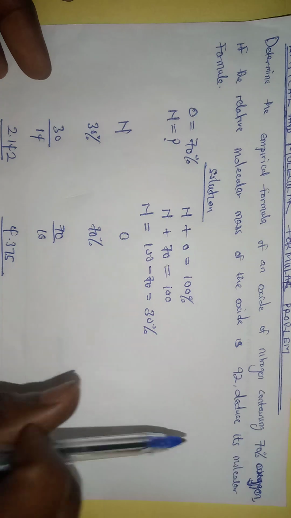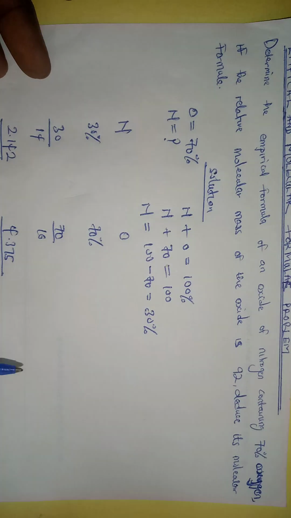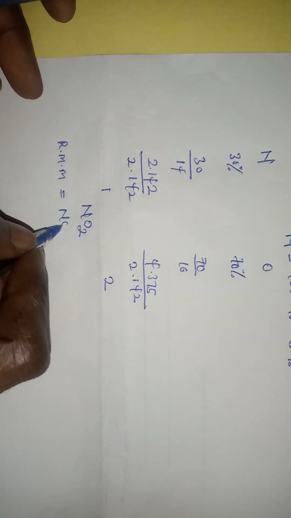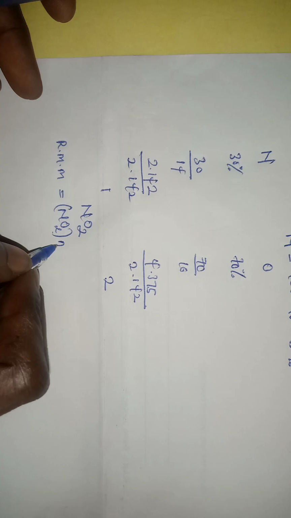After that, we deduce the molecular formula. The relative molecular mass is equal to (NO2) in brackets of n.